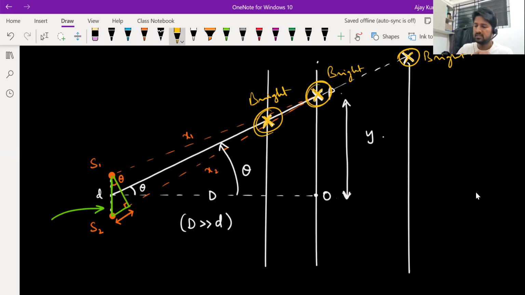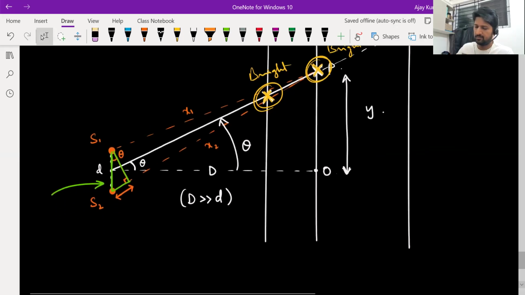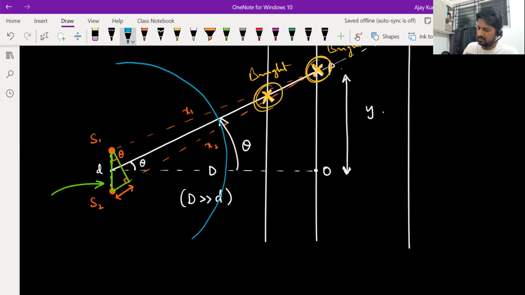Even if you change the shape of the screen, sometimes you will be asked questions where the screen is circular in shape, like this, with its center as the midpoint of the sources. They'll ask you how many maxima minima will form or where the maxima minima will form and such things. So if you know the angular position only, you'll be able to answer, because a circular screen is not at a fixed distance from the sources.